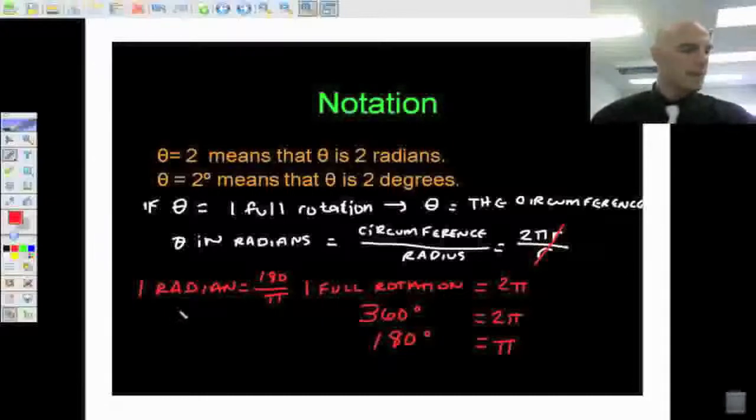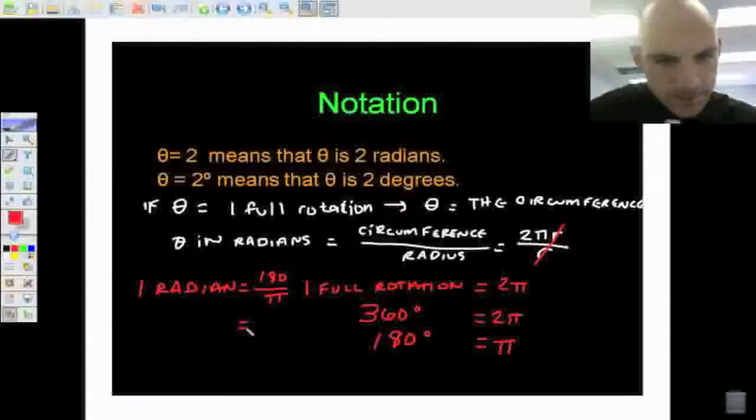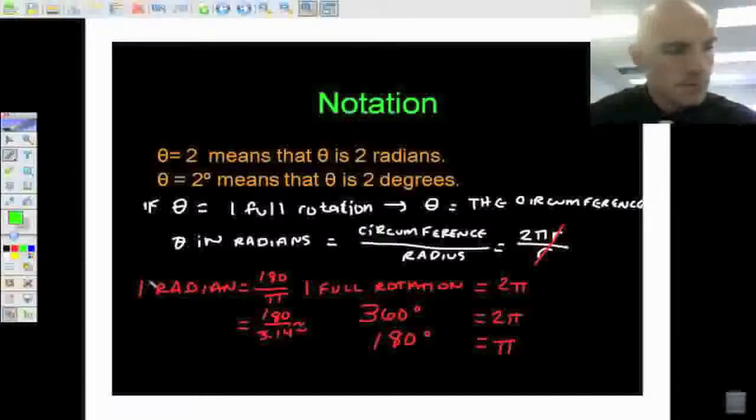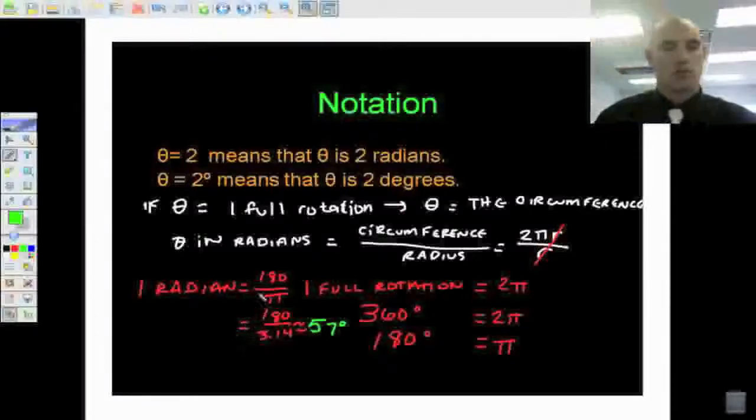And so that's about 180 divided by 3.14, so it's going to be about equal to 57 degrees.